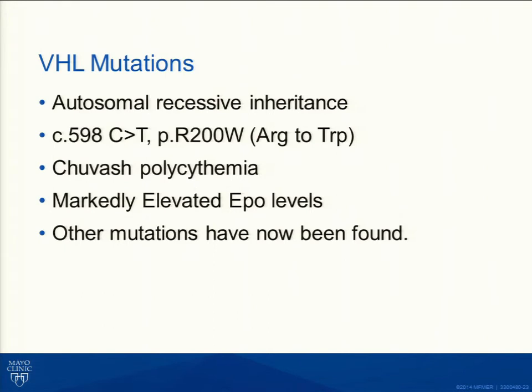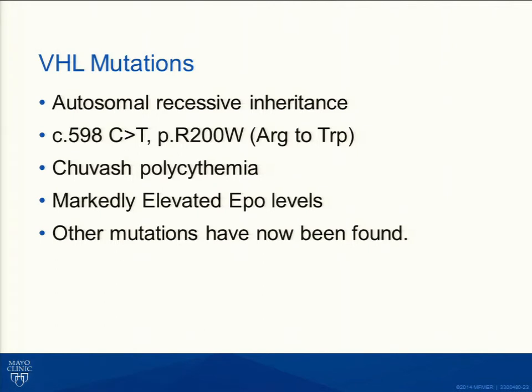And then finally, the VHL mutations, inherited in an autosomal recessive pattern. This is the classic mutation here. This one is the Chuvash mutation, found in the region in Russia, Chuvashia. It's been long known there's an area of patients with families that have these high red cell counts, but there have now been other mutations discovered, and the Chuvash mutation has been discovered in other areas.